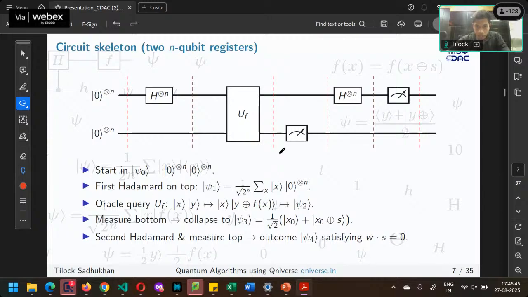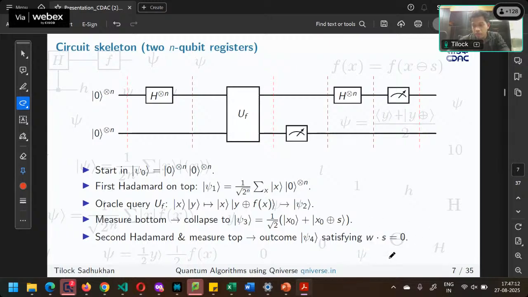Now, once you have got the psi 2, there is a very tricky part. Later, I'll try to explain it in detail. Which is that we then collapse. So if we apply a measurement gate on the second register, the whole state will collapse into this particular state. And finally, if we put another set of Hadamard gates, we will get some possible states for which this condition holds.